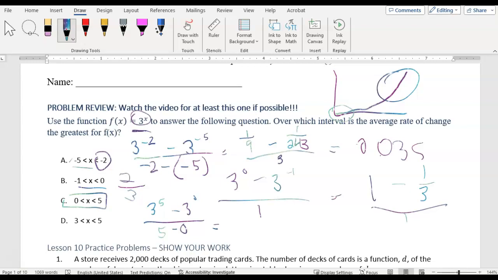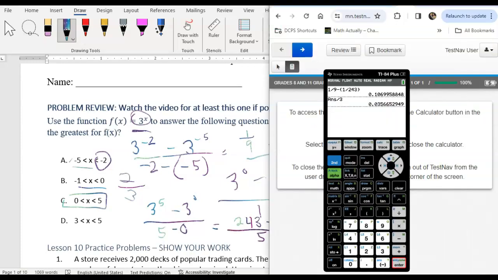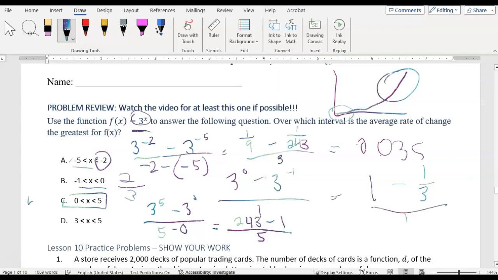So 3 to the fifth power we know is 243, minus 3 to the 0th power is just 1, over 5. When you do that, 243 minus 1, and then divided by 5 gives us 48.4. So this one has a value of 48.4.